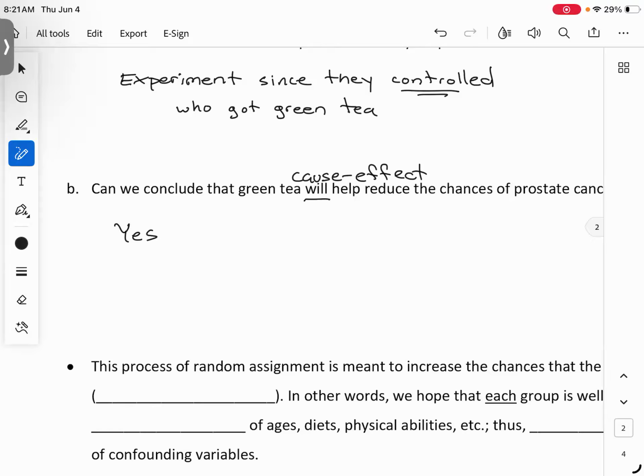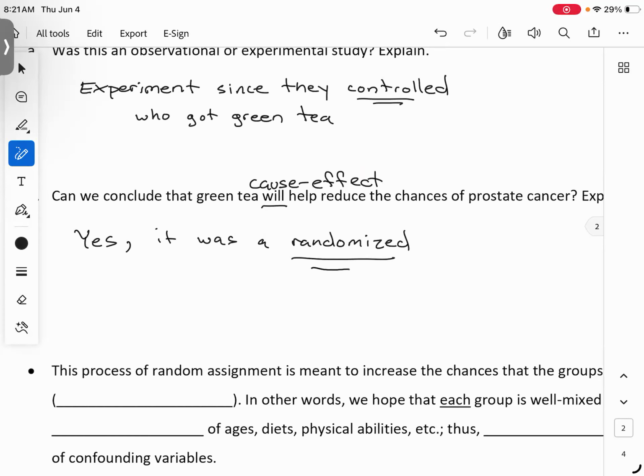And it'll be yes, because it was a randomized experiment.